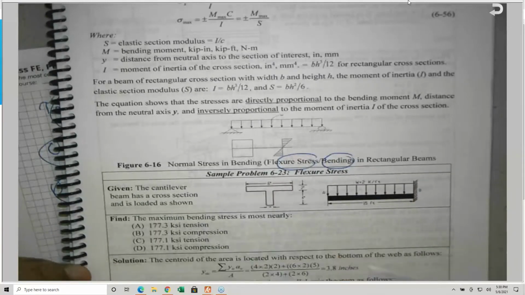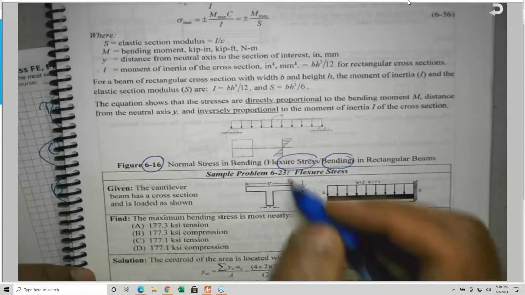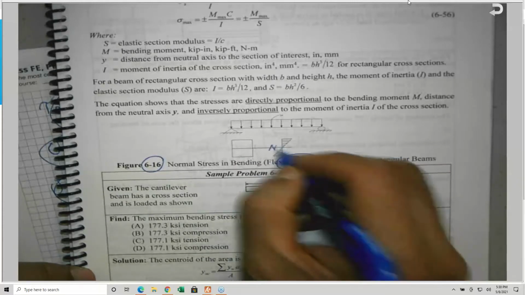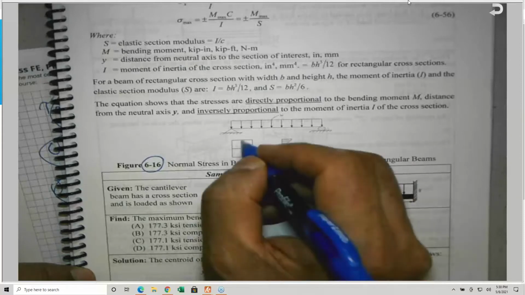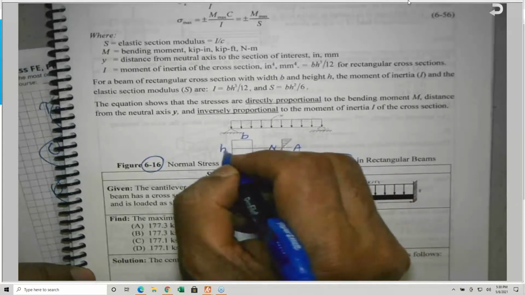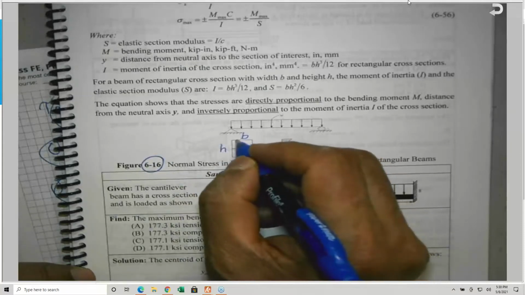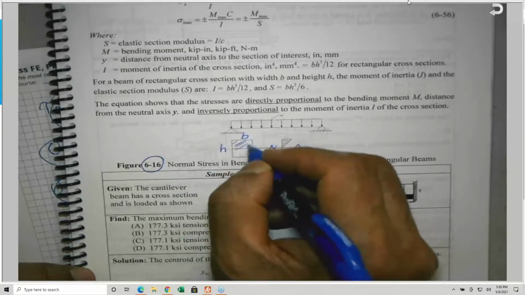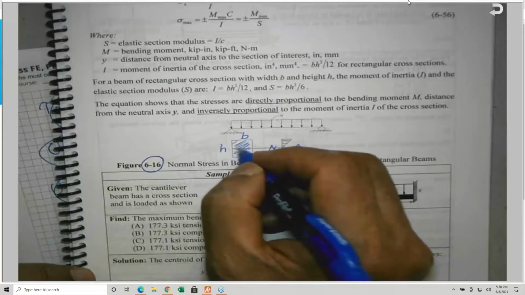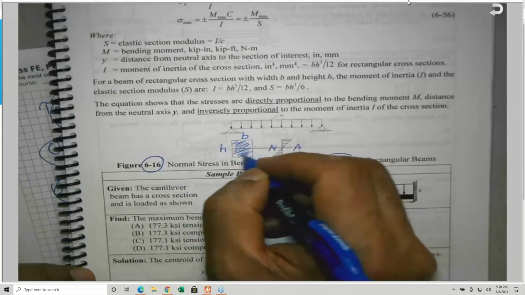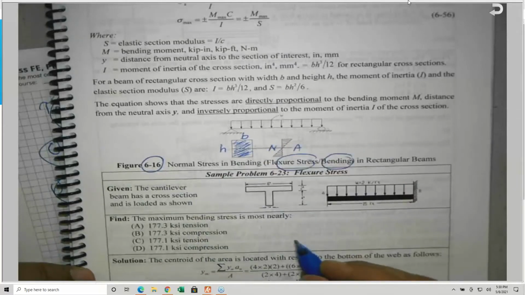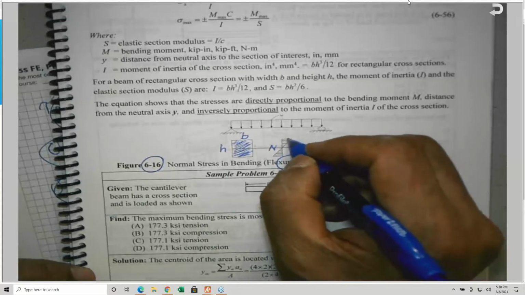If you flip the page, see figure 6.16. This is a neutral axis or neutral surface. And if this is a cross section of the beam, which is b and h, let's assume that. You'll find that the sigma max is here.